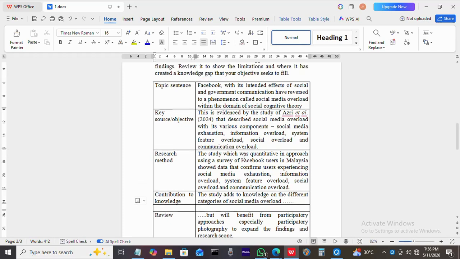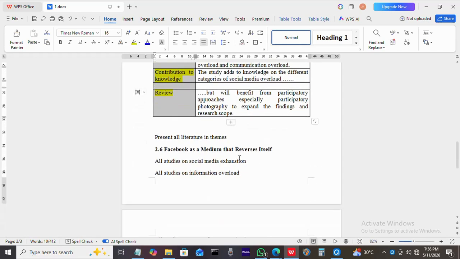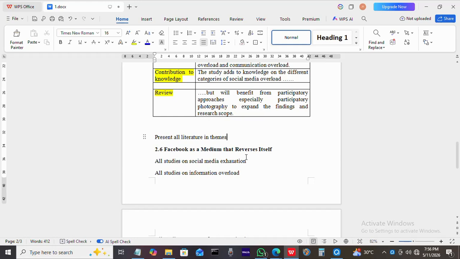narrative literature review. Of course, you're not going to put all this. By the time you have it in a box structured, you remove all this, then of course it comes out clean. So another thing in writing your literature: please present all in literature themes. When you're writing your literature review, you box them by themes.